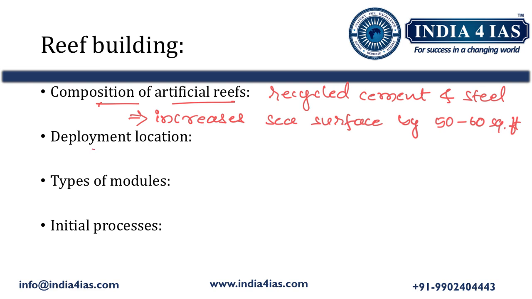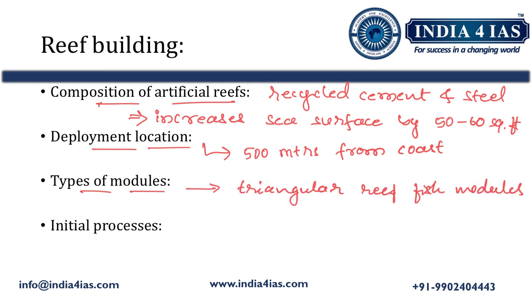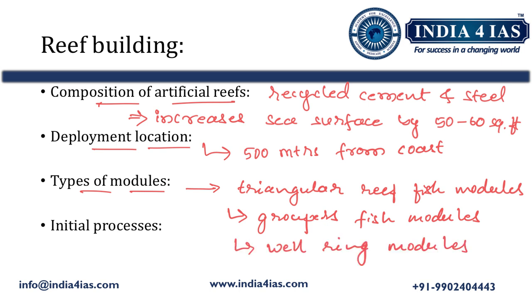Coming to the deployment location, it is roughly 500 meters from the coastal route near Worli Koliwada's Cleveland Bunder. The types of modules that are going to be installed are triangular reef fish modules, groupers fish modules, and well ring modules.